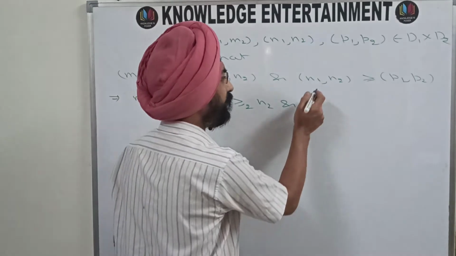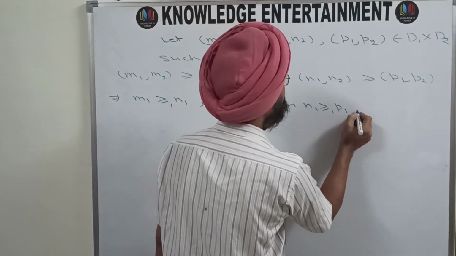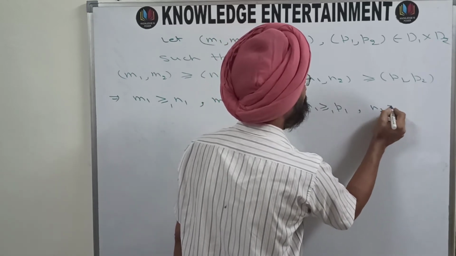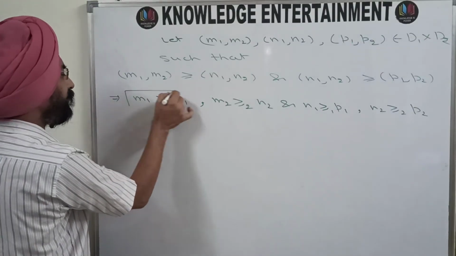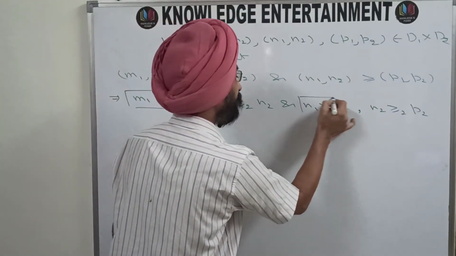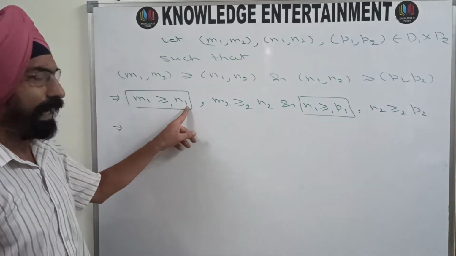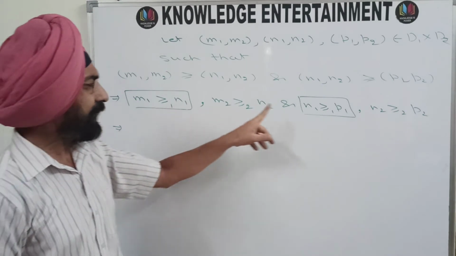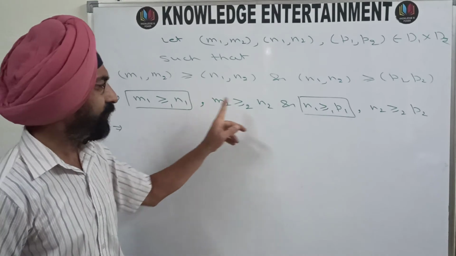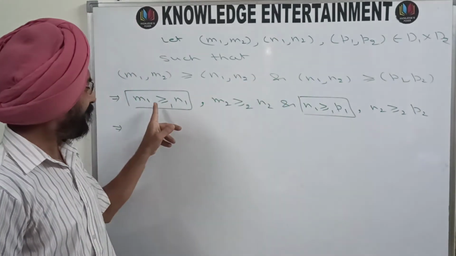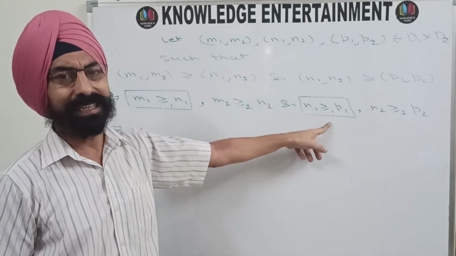So what you will get from here is that N1 is greater than or equal to 1 P1, comma, N2 greater than or equal to 2 P2. Now look into this one and this one. M1 follows N1 under this operation and N1 follows P1 under the same operation. M1, N1, P1 are elements of D1, and this binary operation is for D1, which makes D1 a directed set.